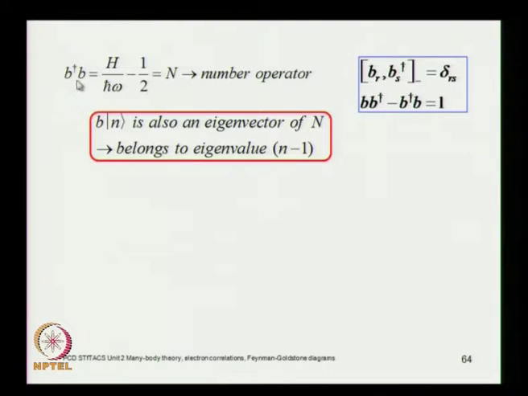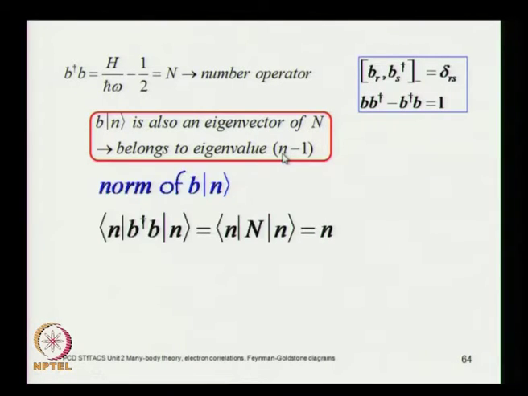Now, let us look at the other possibility. So, you have got again b dagger b as the number operator. We have already seen that b n is an eigenvector of the number operator belonging to the eigenvalue n minus 1. Now, let us look at the norm of this vector. Okay. n is an occupation number vector. We presume that all of these are normalized.